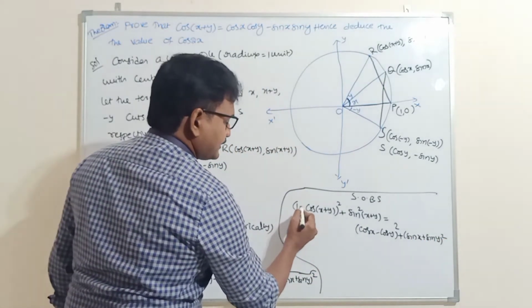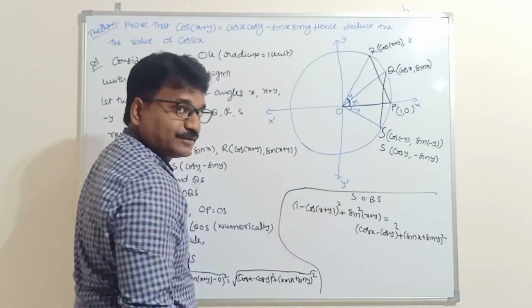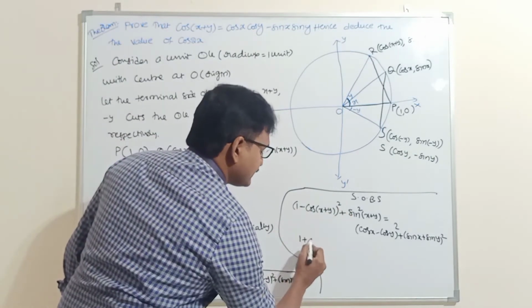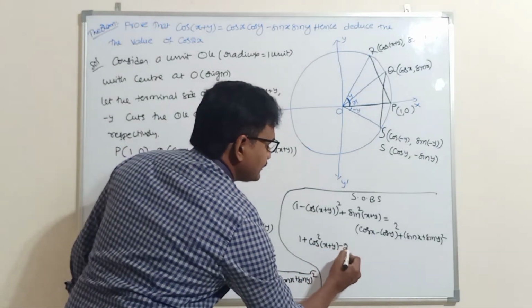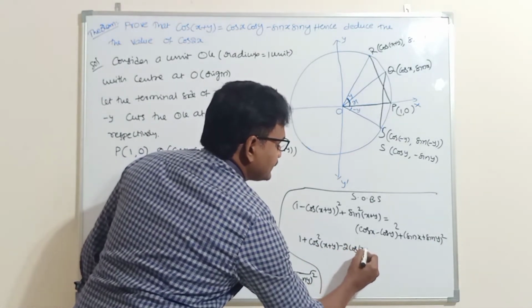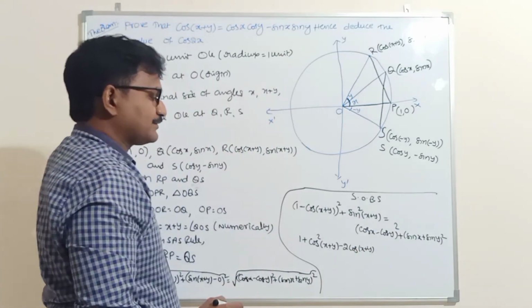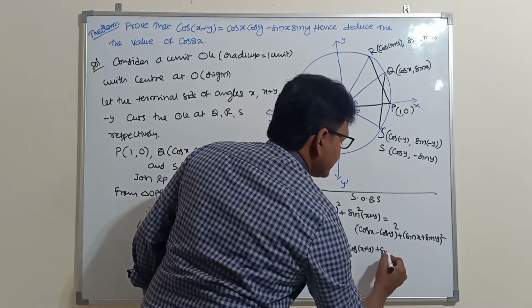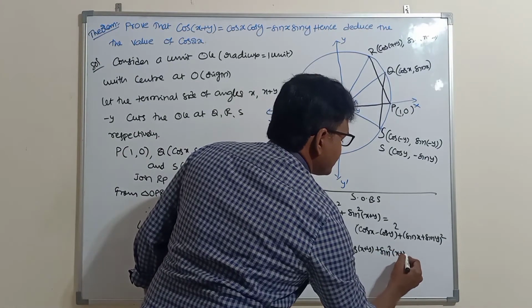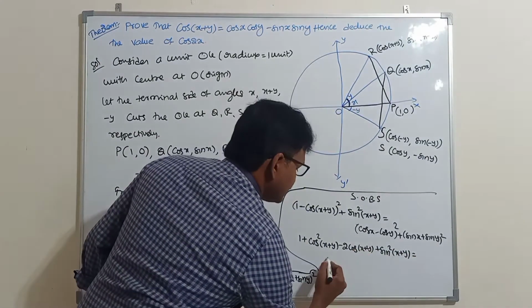Now if you observe, this is in the form of (a minus b) whole square, a square plus b square minus 2ab. So 2 into 1 into cos of (x plus y) means 2 cos of (x plus y), plus sin square of (x plus y) is equal to, expand this.